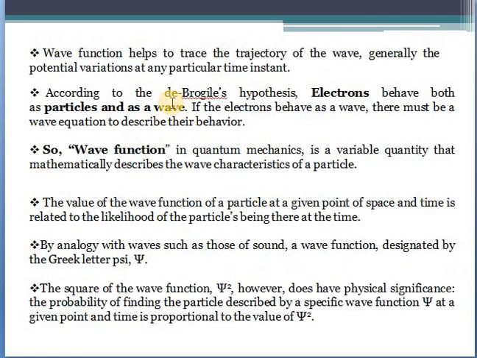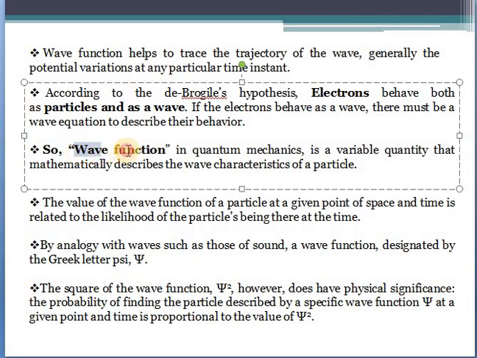Similarly, for an electron which has wave-particle duality, how the wave associated with the electron behaves should also be represented mathematically. That function which exactly gives the characteristic of a particle mathematically in a quantum mechanical system is termed a wave function.